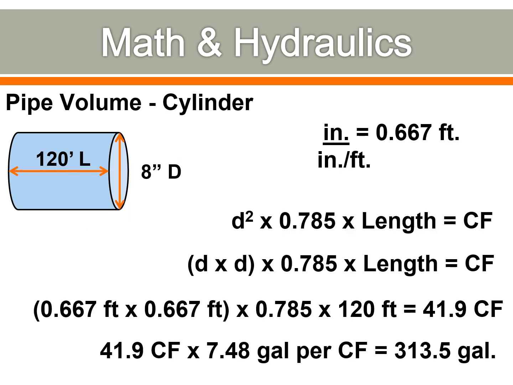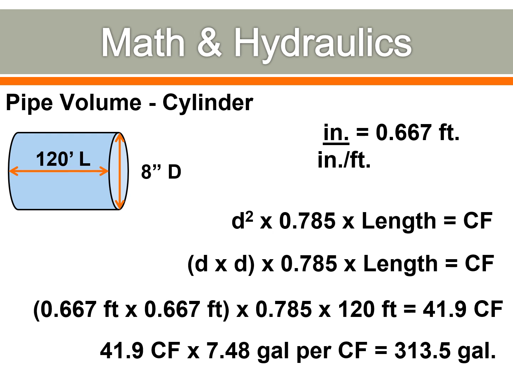All right, so let's plug these numbers in. You can see here in this example, I've given you 0.667 feet. If you were to actually divide 8 by 12, you'd wind up with 0.66666666667. However, you could round up, and so you would wind up with 0.667 or 0.67. It will get you really close to the same answer.